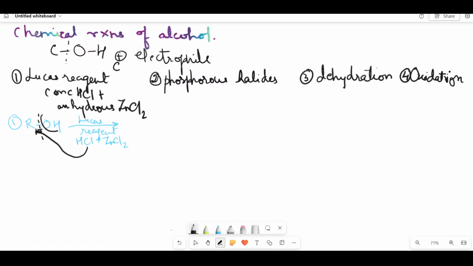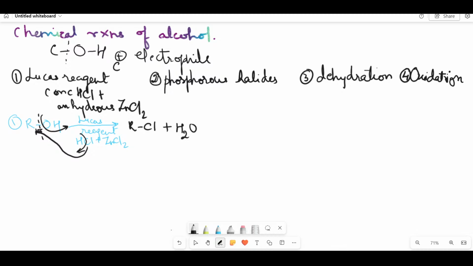So this OH will leave as a good leaving group. So what we get is RCl plus the remaining H that is present in HCl will combine with OH and form H2O.